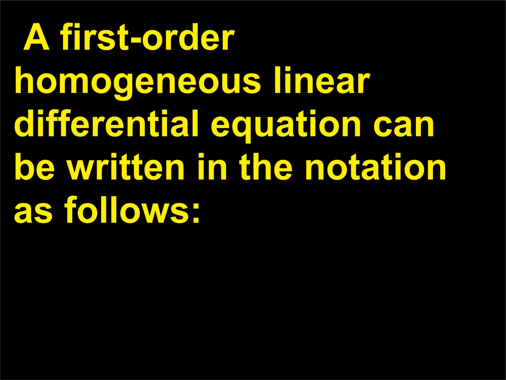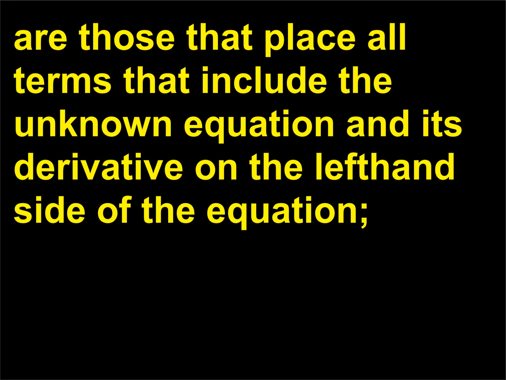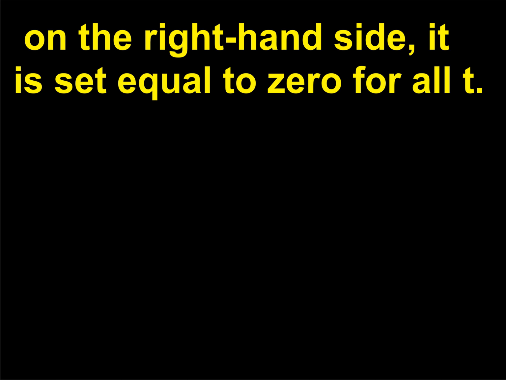A first-order homogeneous linear differential equation can be written in the notation as follows: y'(t) plus a(t)y(t) equals 0. The first-order homogeneous linear differential equations are those that place all terms that include the unknown equation and its derivative on the left-hand side of the equation. On the right-hand side, it is set equal to 0 for all t.